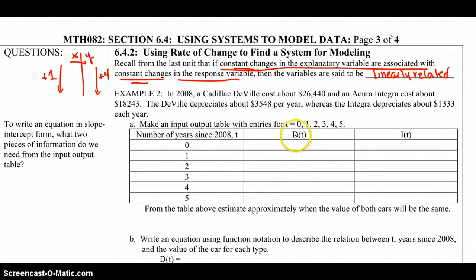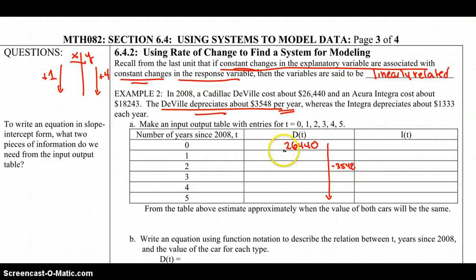So D is going to be for the Cadillac DeVille, and it started out at $26,440. The DeVille depreciates $3,548 every year, and depreciate means it goes down in value. So as we go down this column, we're going to keep subtracting 3,548.